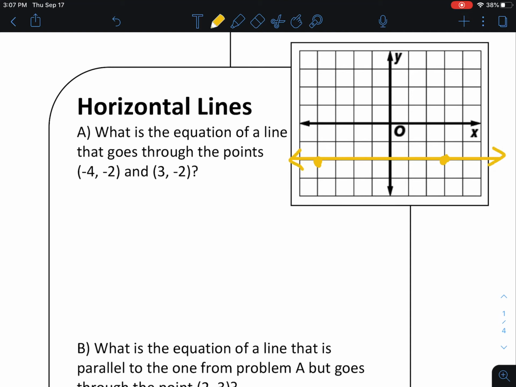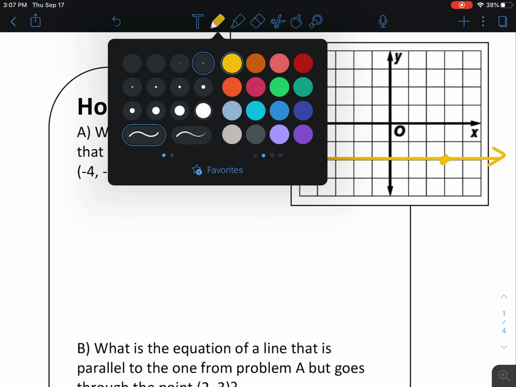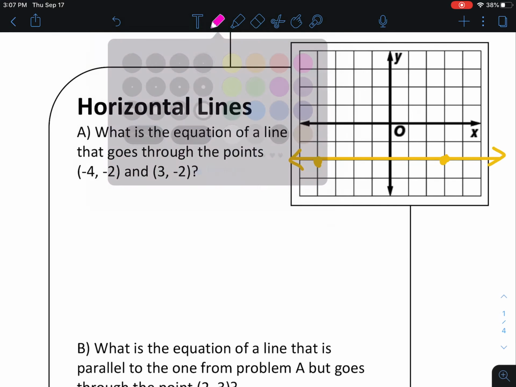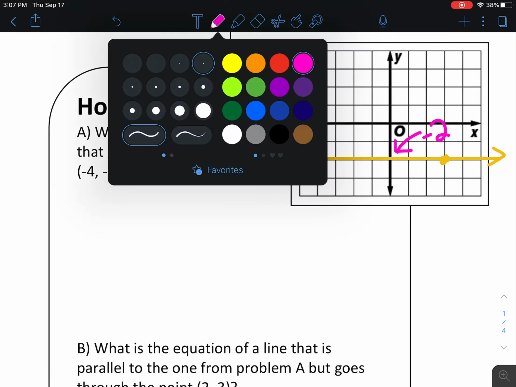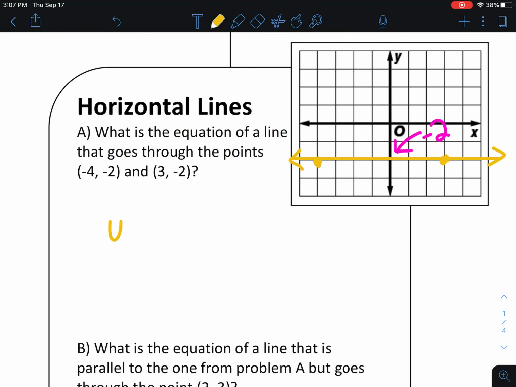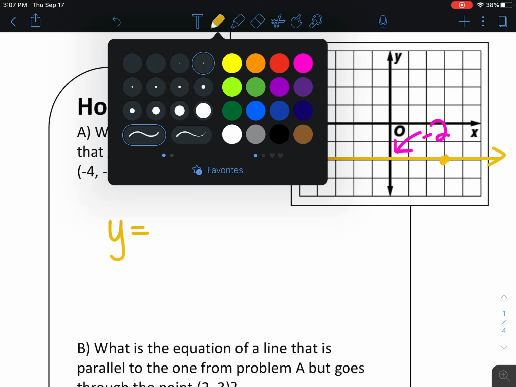What is the equation of a line that goes through the points? Same thing that we just did on part C. Where does this intersect the y-axis? The y-axis, right there, at, what is that, -2, right? We had to go down. So that's -2. Since it crosses the y-axis, it's y equals, and then that was -2.